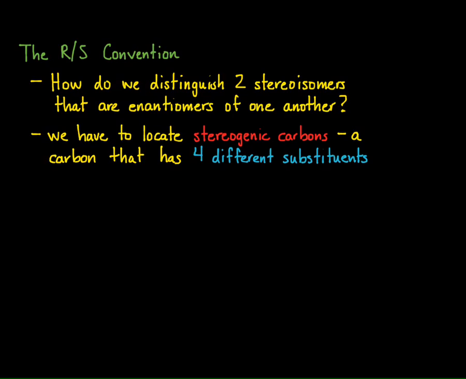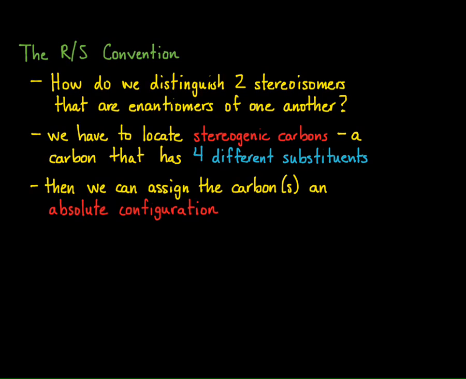So we first locate any stereogenic carbon or carbons, and then we are going to assign that carbon or carbons what's called an absolute configuration. The question then becomes, well, how do we assign an absolute configuration of that arrangement in space? Well, we have rules for that. And the rules are going to be based on the Cahn-Ingold-Prelog rules that we used in assigning E/Z nomenclature to alkenes.